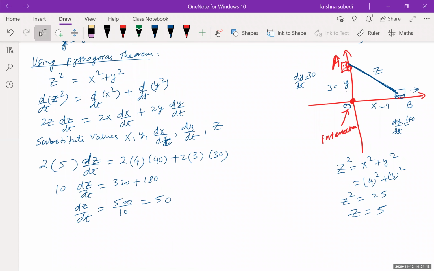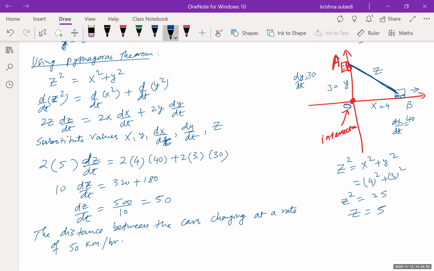This means the distance between car A and car B is increasing at a rate of 50 kilometers per hour. So the distance between the cars is changing at a rate of 50 kilometers per hour.